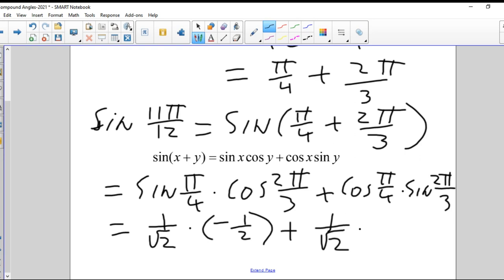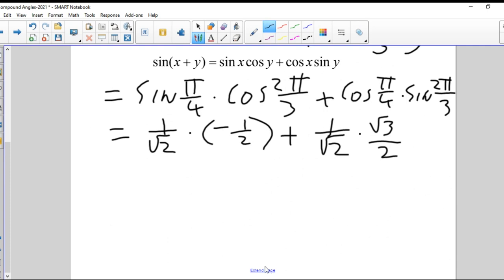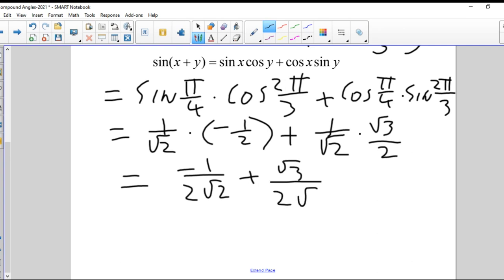So this is going to be root 3 over 2. All right. And I'm going to see if I can put this together now. So that should be equal to minus 1 over 2 root 2 plus root 3 over 2 root 2.